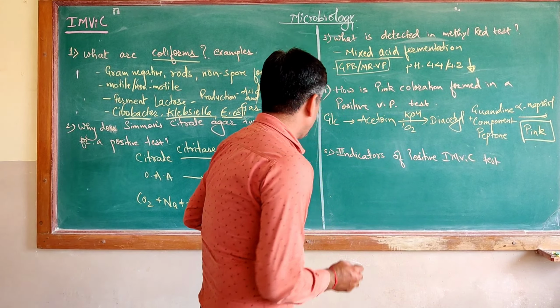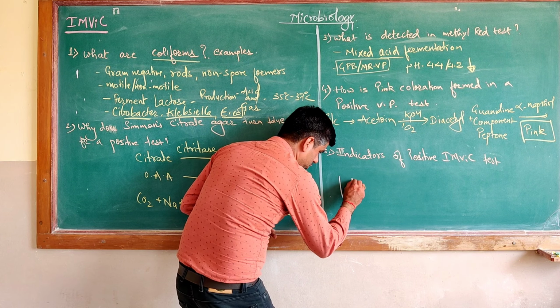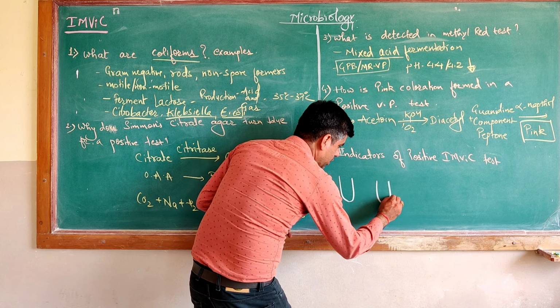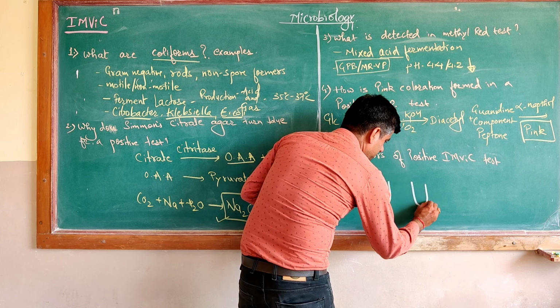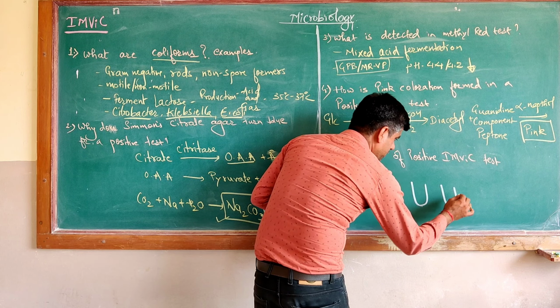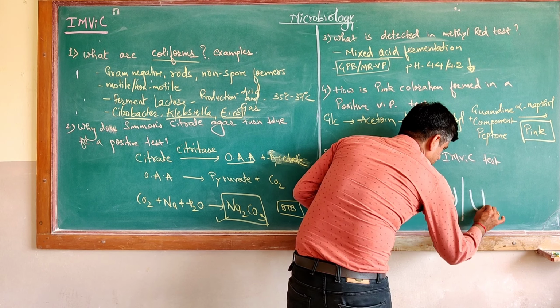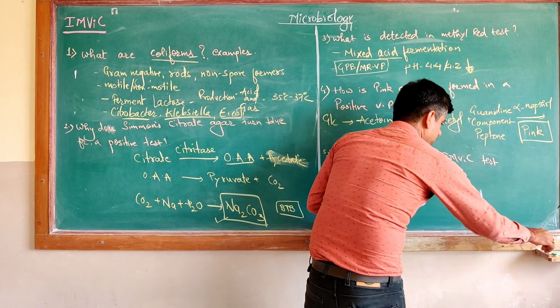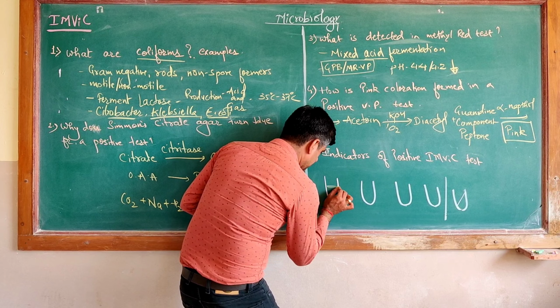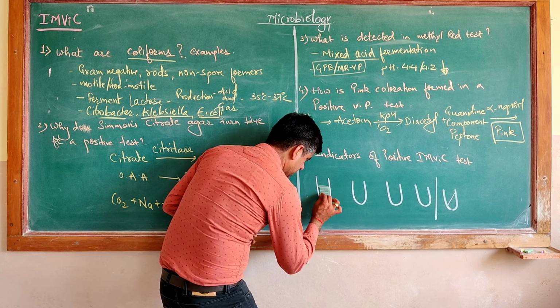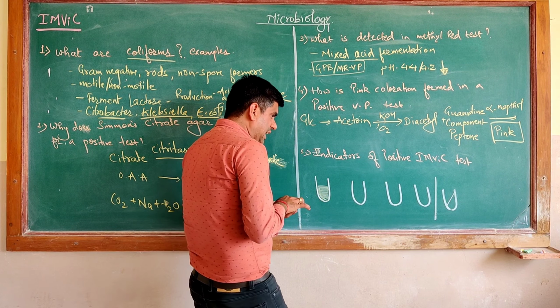Okay, so what are the indicators of a positive IMViC test? If you are talking about the IMViC test, you have 4 test tubes, all inoculated with different broths, different media. The last one may be a solid or a liquid medium. In the first test, the indole test, you add xylene.